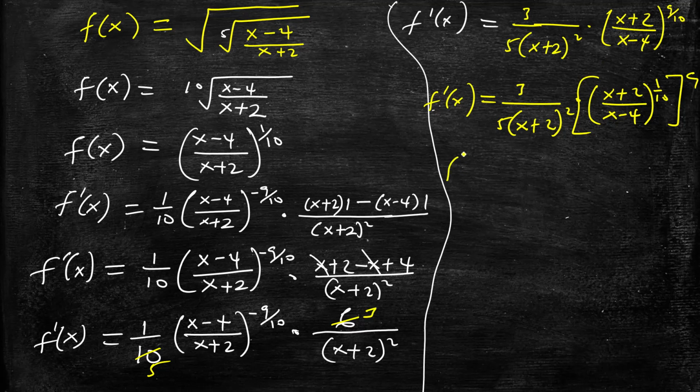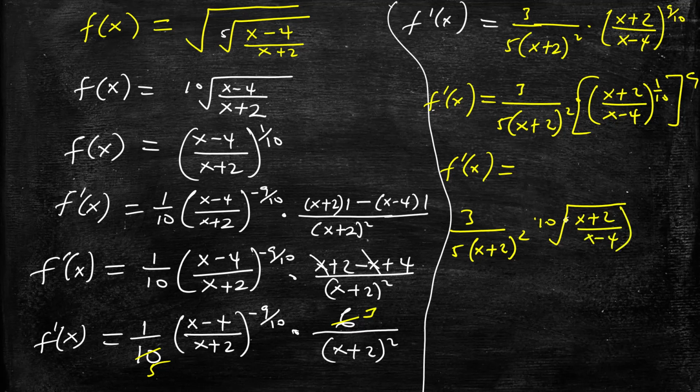So the final answer here, let me write it here: 3 on 5 x plus 2 all squared, times the 10th root of x plus 2 on x minus 4, all to the power 9. Okay, so this is the final answer.